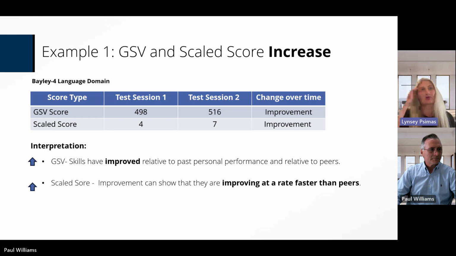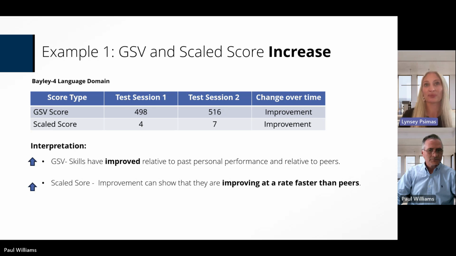So in this example, you can see in the graph that the GSV score is located in the top row and the scaled score is located right underneath. In this scenario, the GSV shows improvement. It goes from 498 to 516, and the scaled score is also showing improvement. So we have the GSV score that has improved relative to past personal performance.